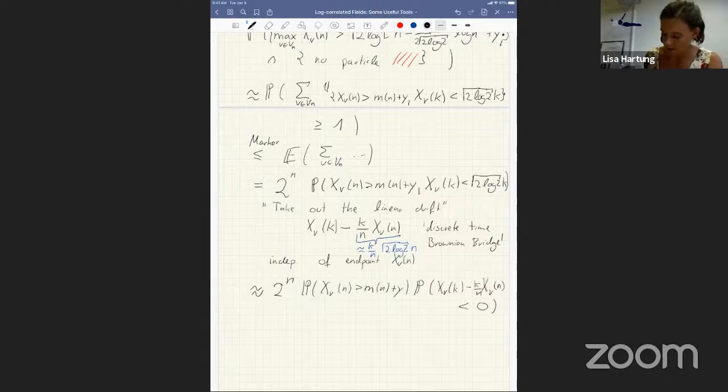Okay, so the last part is the probability of a discrete time Brownian bridge to be smaller than 0.